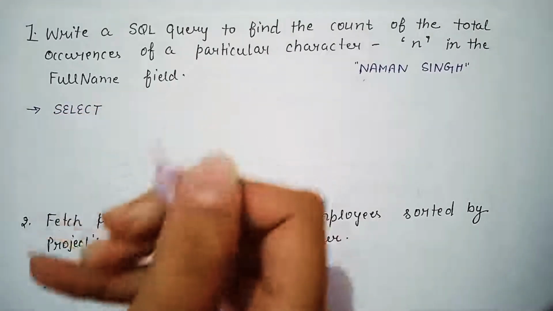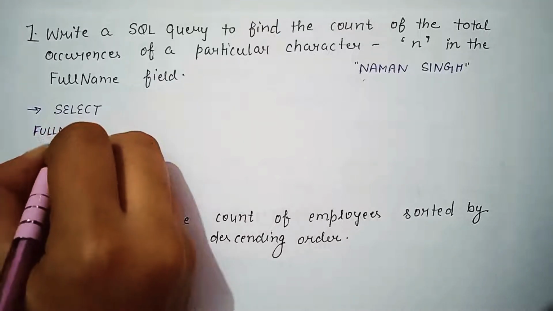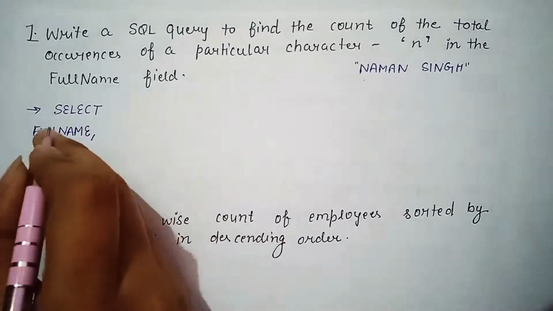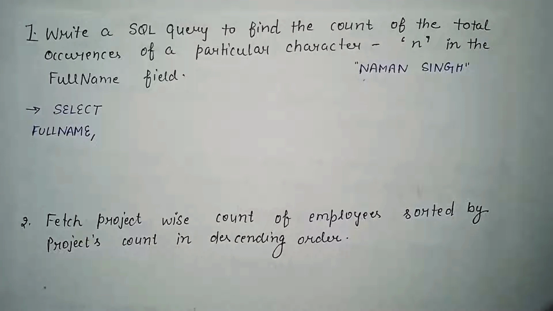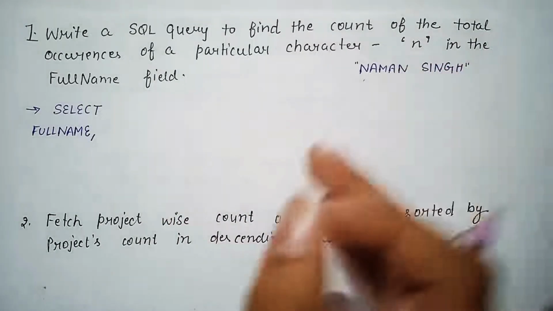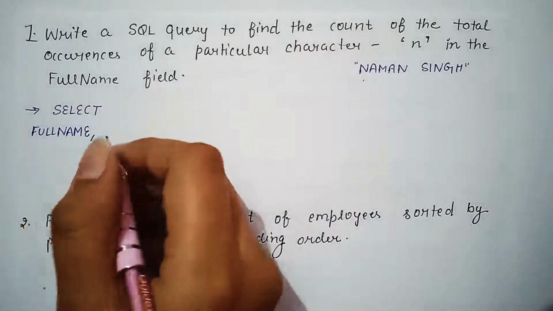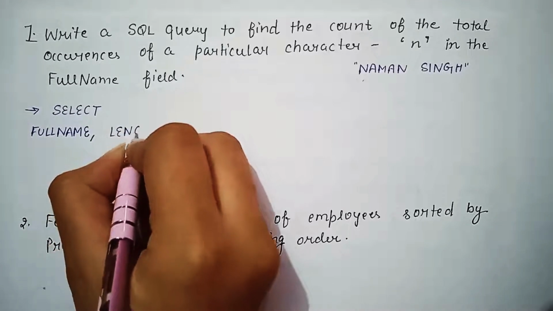Select, what do we want to select? We want to select full name. Here we are going to select two columns. The first column will represent the name of that employee, and the second will represent the number of occurrences of n in that particular name. For the second column, we are going to make use of the length function.